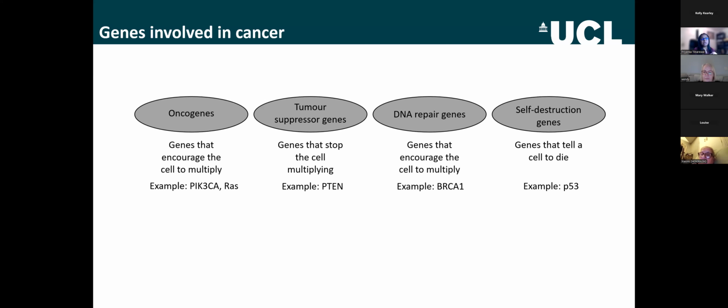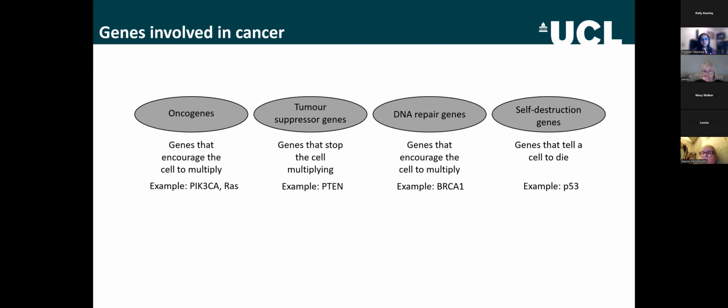Now, P53 is the most commonly mutated gene in human cancer. There's an obvious reason for that. When the cells are behaving in a weird manner, they should self-destruct, but if there's no P53, these cells are not given the instruction to self-destruct. They carry on multiplying and therefore cause cancer.